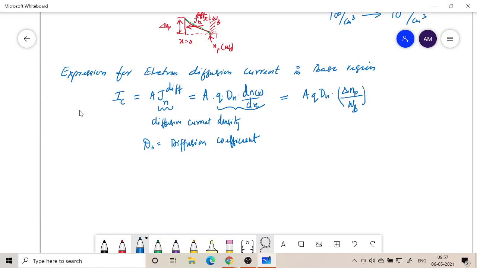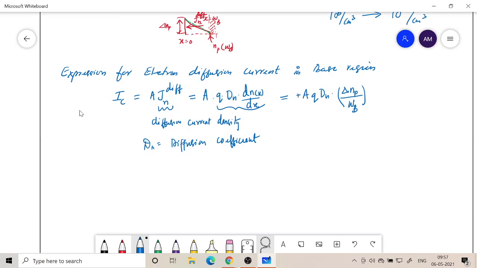So there will be a minus sign, which tells us that the current is going to flow in the opposite direction of the increase of x. That means x is increasing from left to right, and our current is going to be from right to left. But if you are only interested in the magnitude of the current, we can just remove the sign.